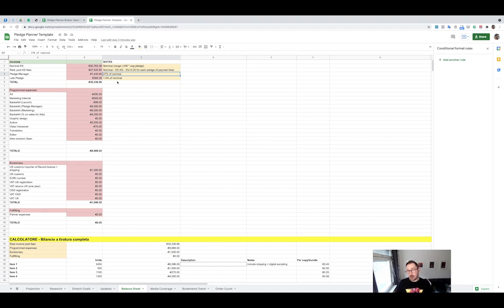So this means that people that already are your backers are adding new items, or they are paying their shipment fees, and they can amount to up to 27%. So this is a very high number. I don't think that all campaigns have this high number, but I want to be realistic.